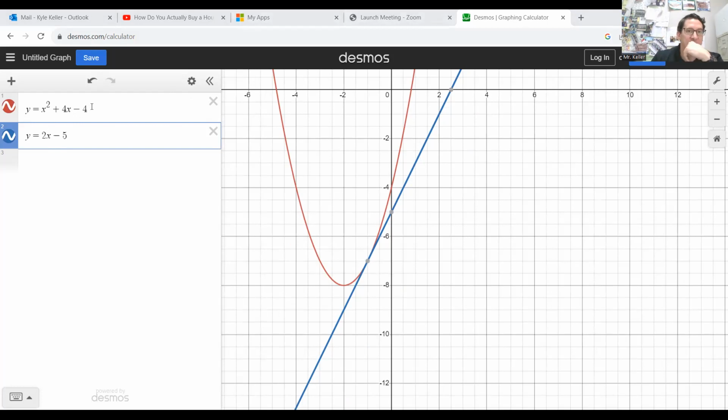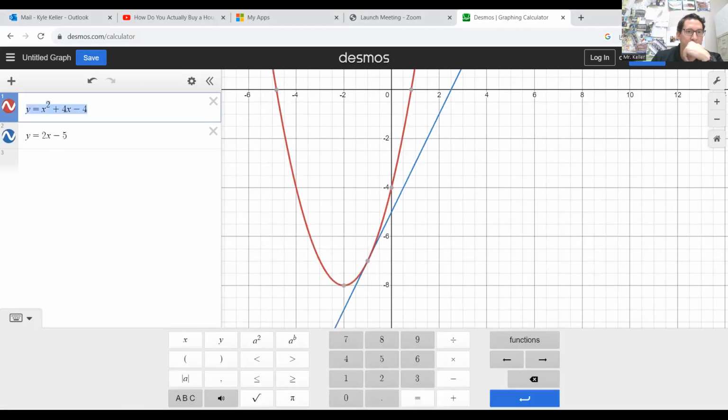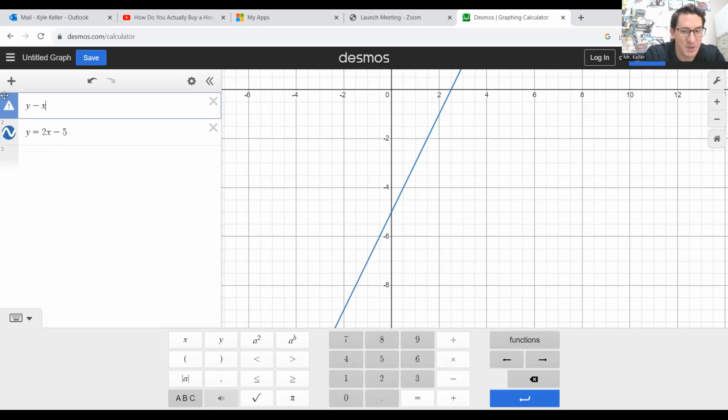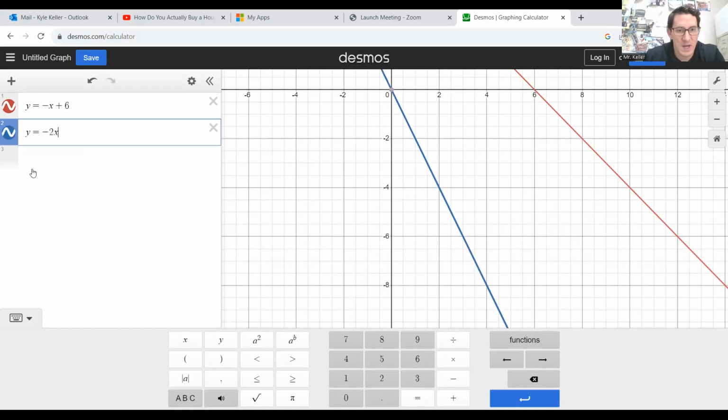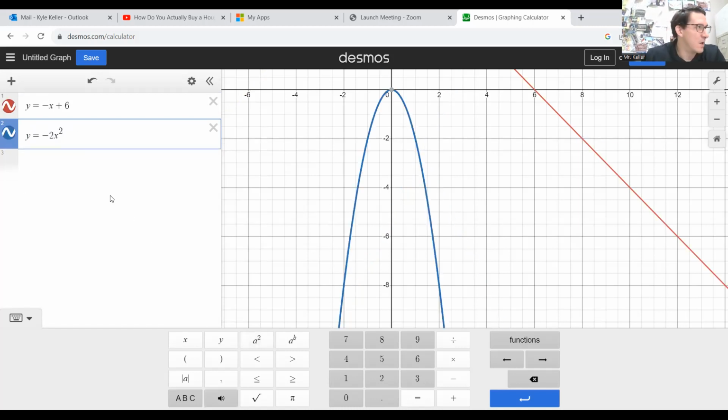So let's look at the next one. I know you can't see the equations. I'm just going to type them in, so I don't have to keep switching back and forth. The next one is going to be y equals -x plus 6, and then y equals negative 2x squared minus x plus 3.